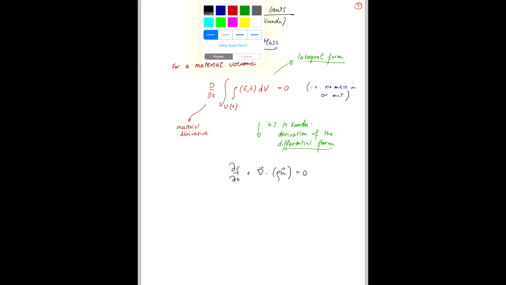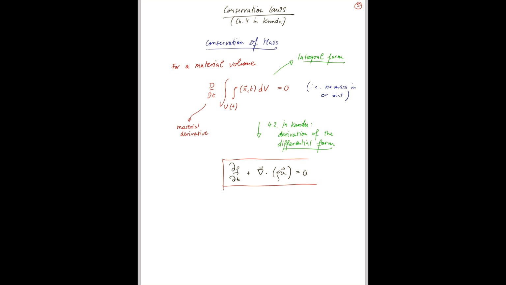And this equation is quite important. We'll use it throughout the rest of this course, and it's called the continuity equation. And this term here, the second term, is called the flux divergence term.